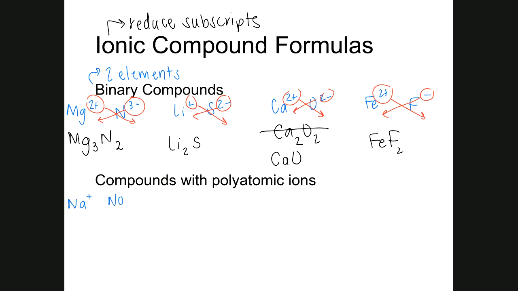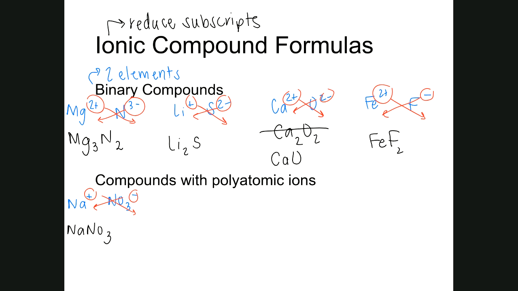Nitrate is NO3 negative, and that's just one that you have to have memorized. So NaNO3, once we take our charges, they're both 1. And so remember, if the subscript is 1, we don't need to write it out. So it's just going to be NaNO3 as our final answer.